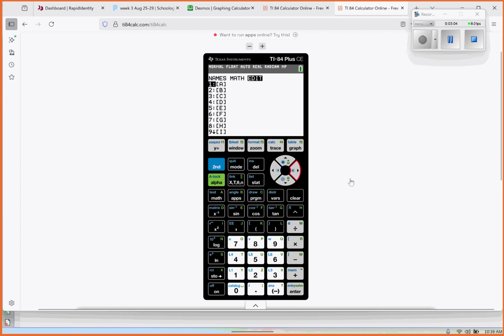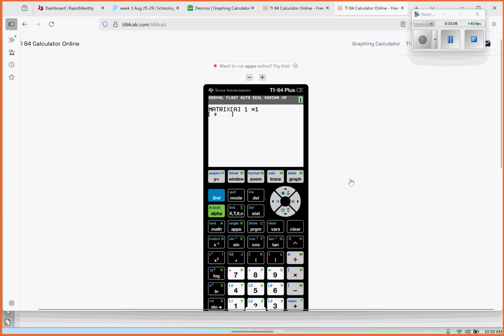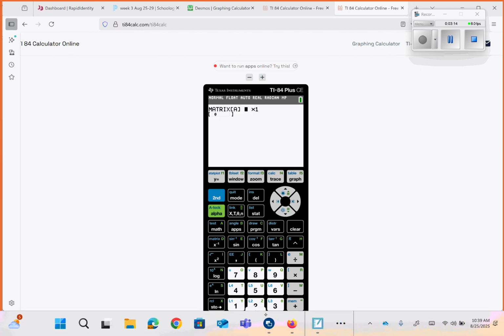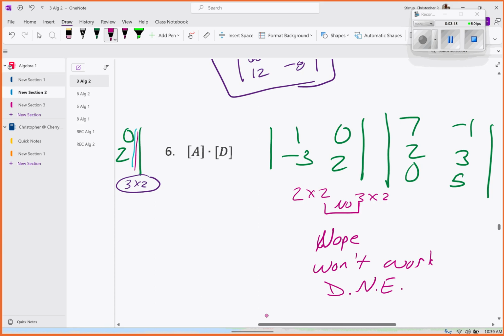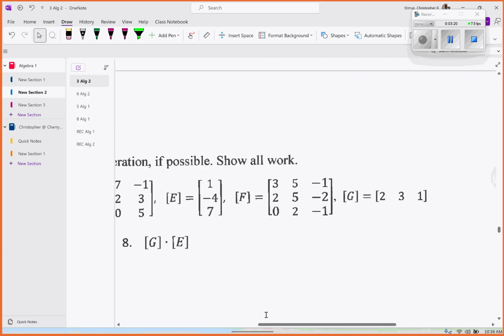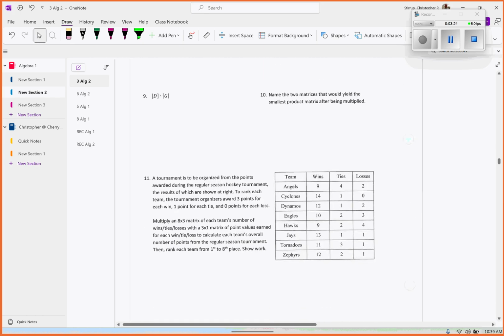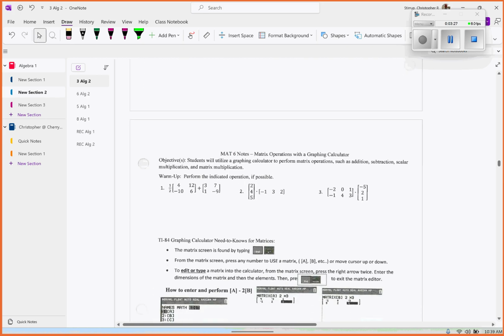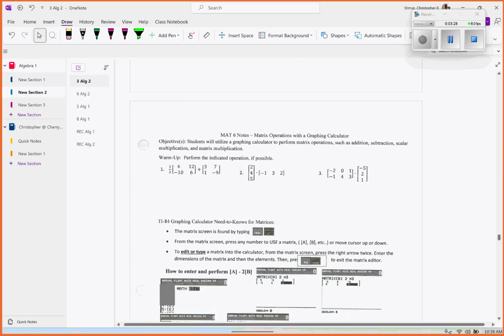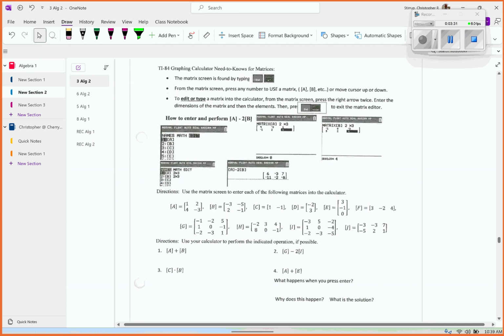Okay? So you hit enter, and it's blinking at you saying right now it's matrix A 1-1. There's a 0 in place. So it's waiting for us to give us some operations. So I'm going to go back to this screen. And I am going to look at, I'm going to come down here.